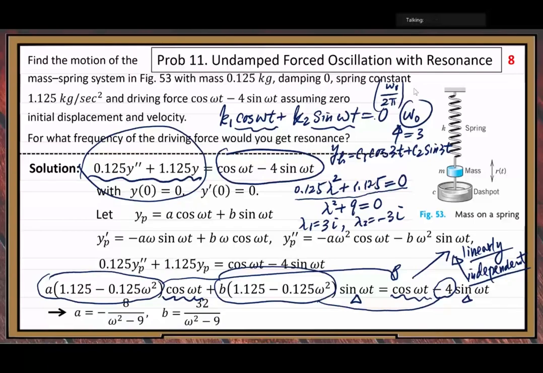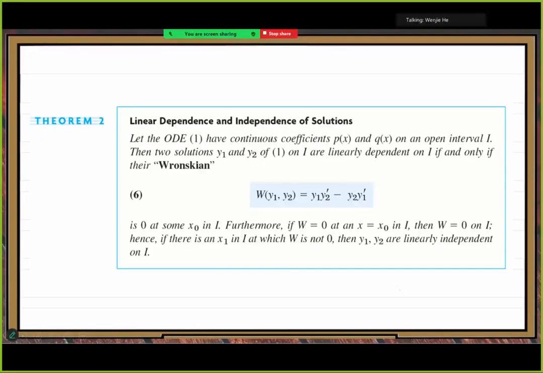I need to switch to this laptop, so I need to stop sharing. In our textbook, let me explain the bottom condition part.